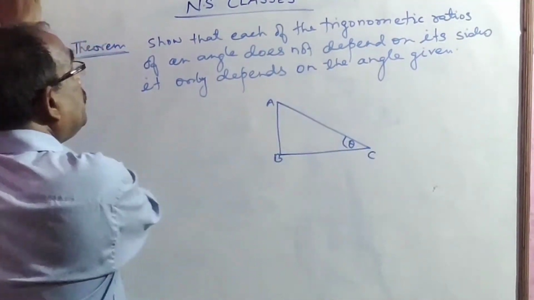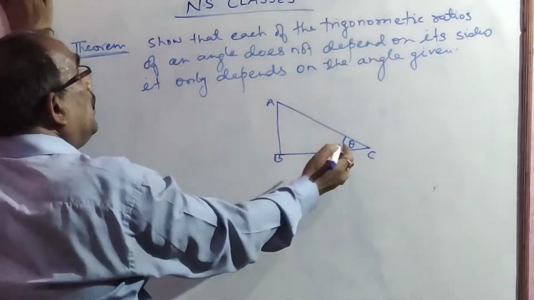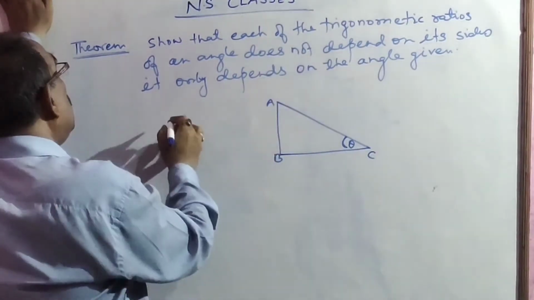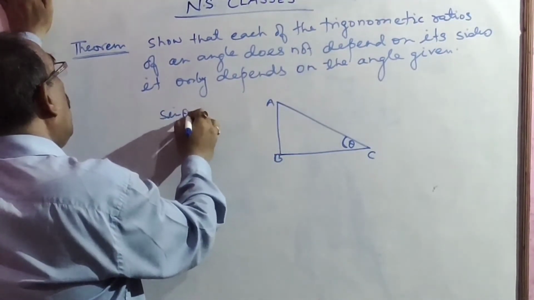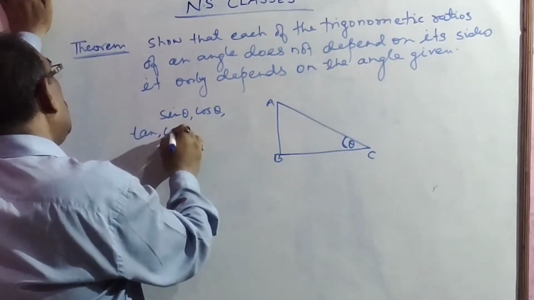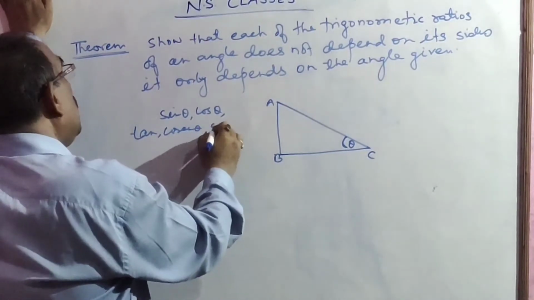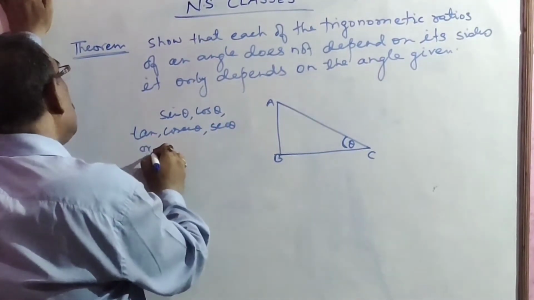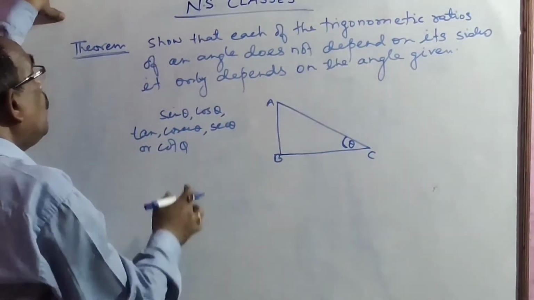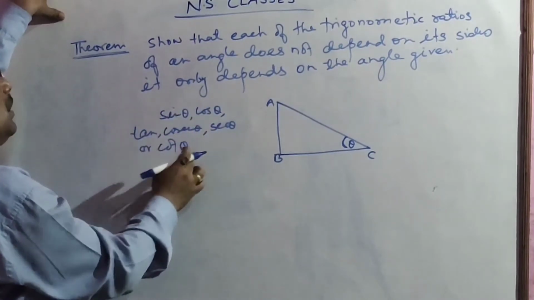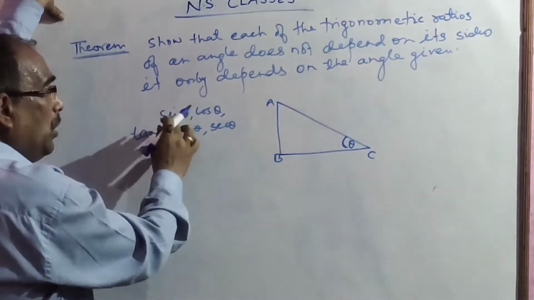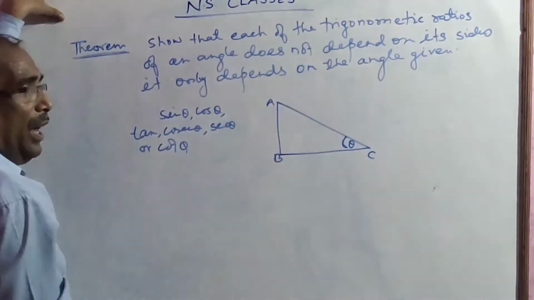Whatever ratio it may be, sin theta, cos theta, tan theta, cosec theta, sec theta or cot theta, out of these 6 ratios, this ratio does not depend on the size of the triangle.